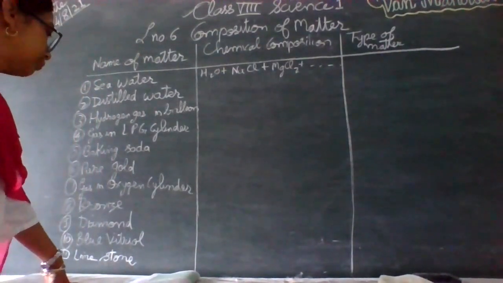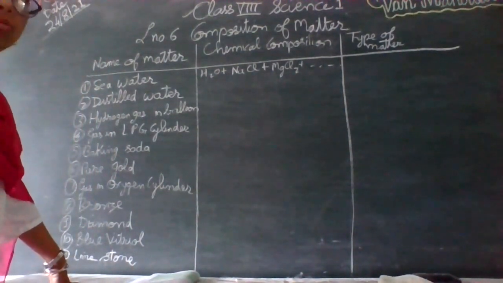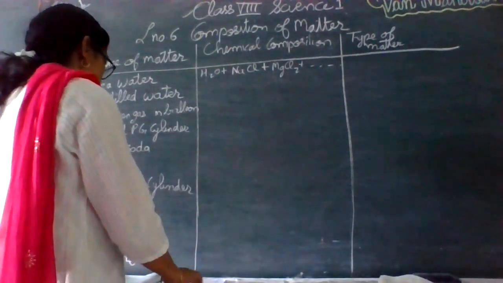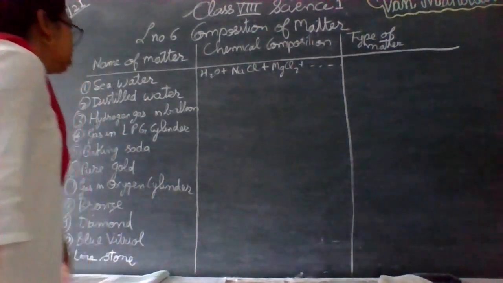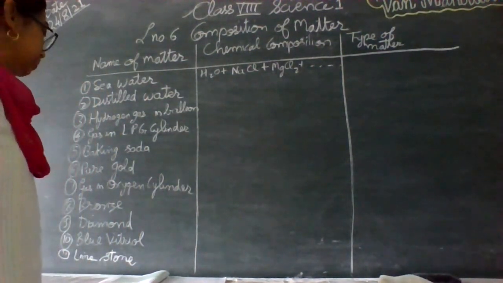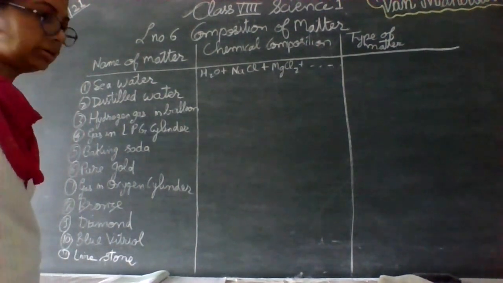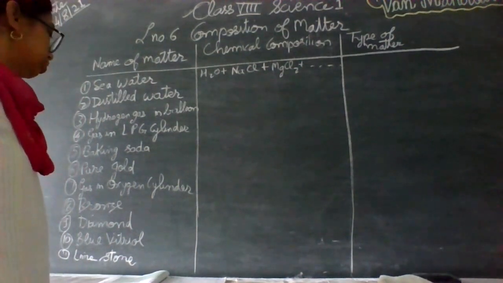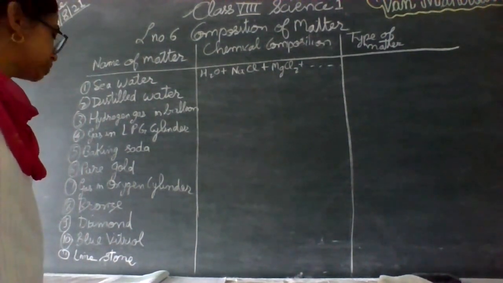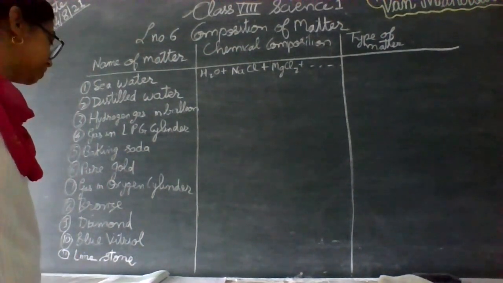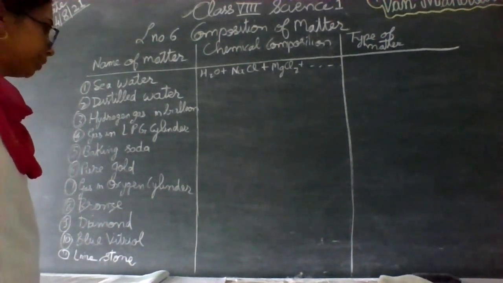So the type of matter, as we all know, can be an element, a compound, or a mixture. Furthermore, compounds can be classified into organic, inorganic, or complex type of compound, or mixture.